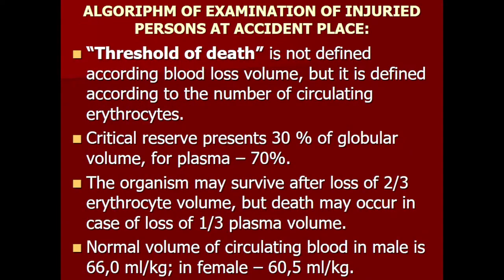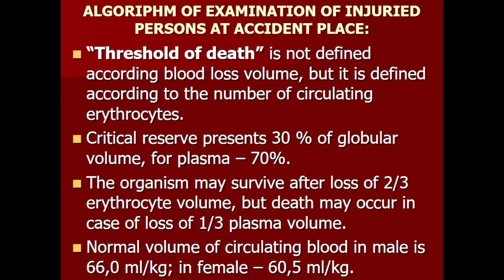The threshold of death is not defined according to blood loss volume, but according to the number of circulating erythrocytes. The critical reserve is 30% of globular volume, and for plasma 70%. The organism may survive after loss of 2 thirds of the erythrocyte volume, but death may occur from loss of 1 third of the plasma volume.